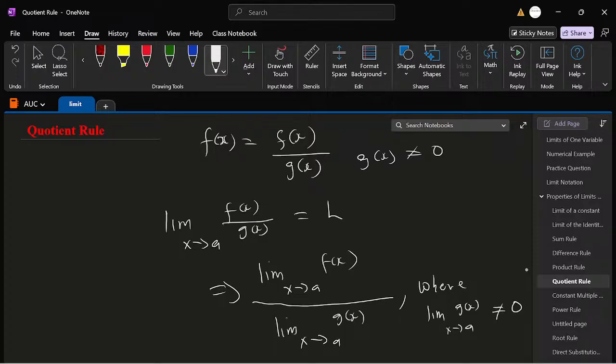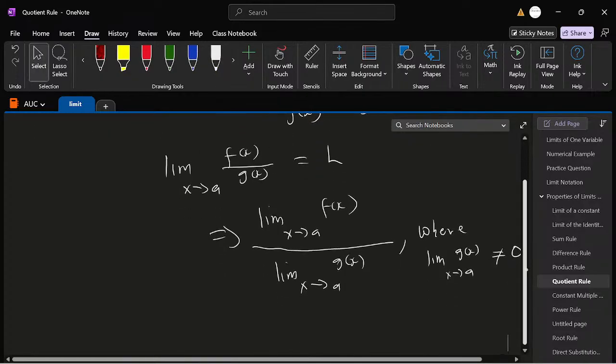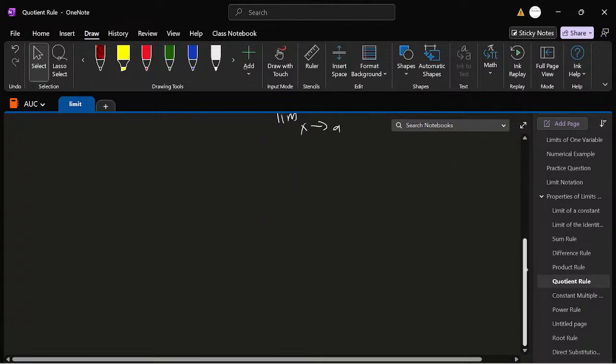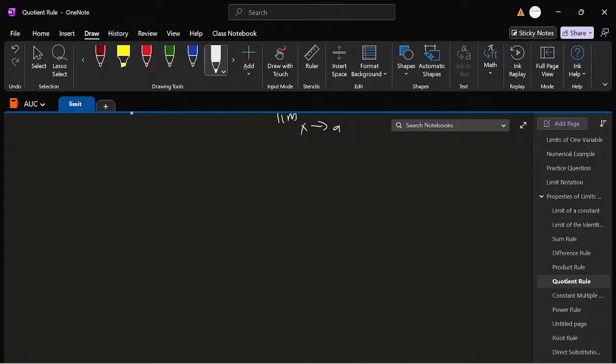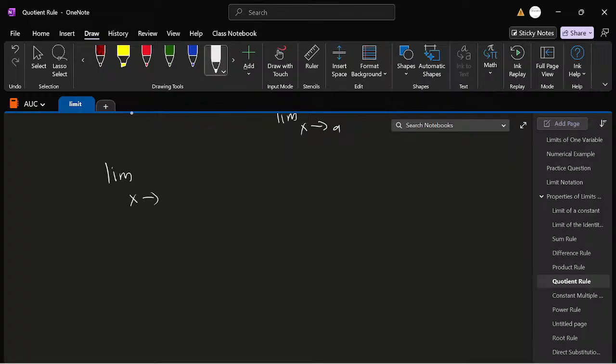Okay, so we can look into an example. Let's say I want to evaluate the limit as x approaches 2 of x squared minus 1 over x plus 1.